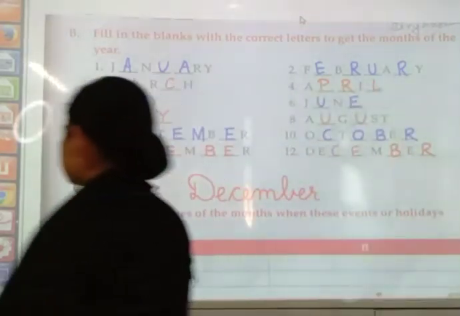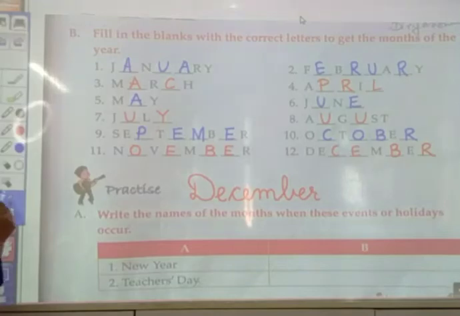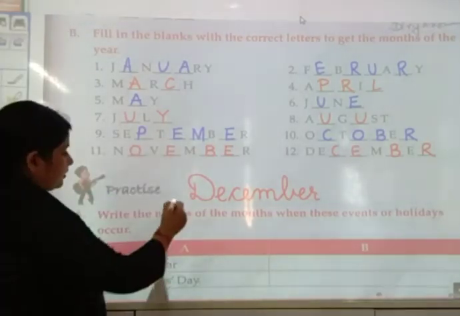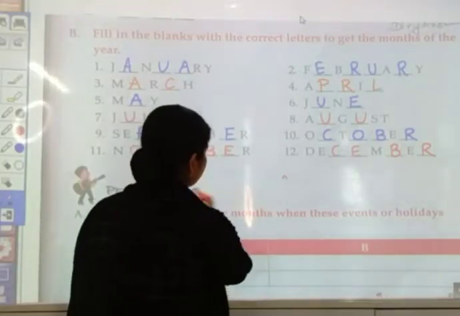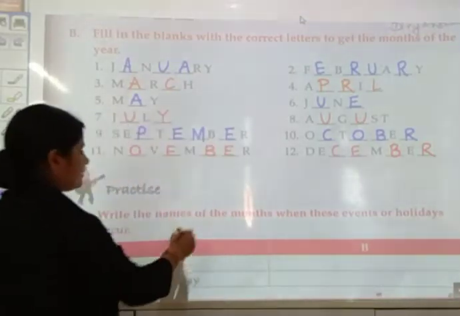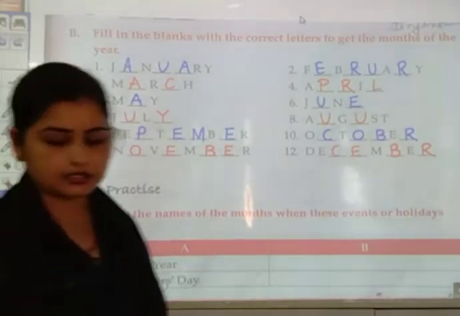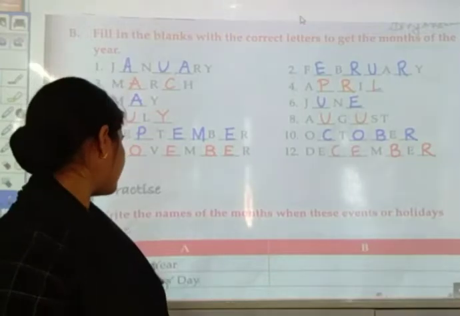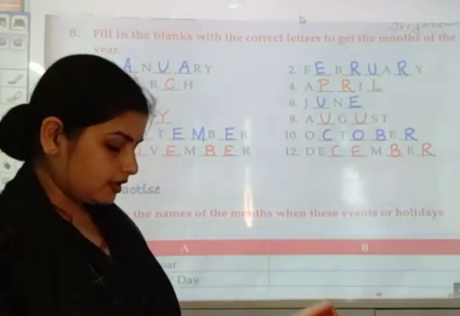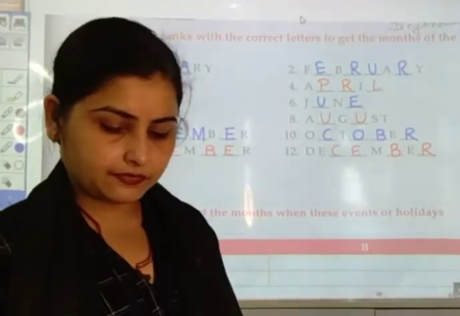Now in the next exercise, what we need to do? Let us see. The question is, write the names of the months when these events or holidays occur. In the same page, page number 37, this question is carried forward to the next page also.